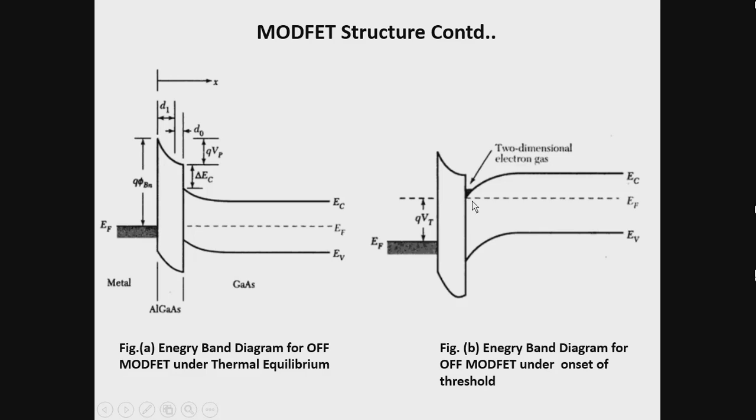At that particular condition, this device will have the conduction band at the interface. There is a production of two-dimensional electron gas. The shape of this is almost a triangle. That's why this is called a two-dimensional triangular well.